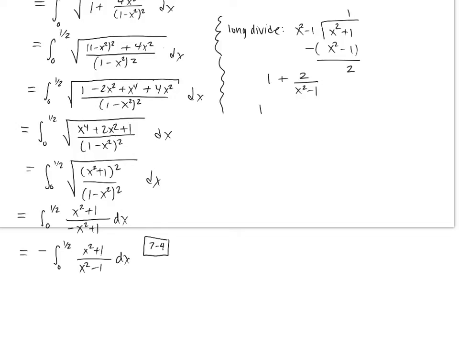So now what do you do after that, with this part specifically? Then you do the partial fractions, right? So 2 over (x plus 1)(x minus 1) is going to equal a over x plus 1 plus b over x minus 1.